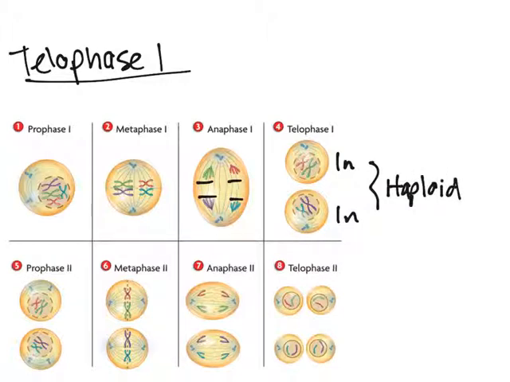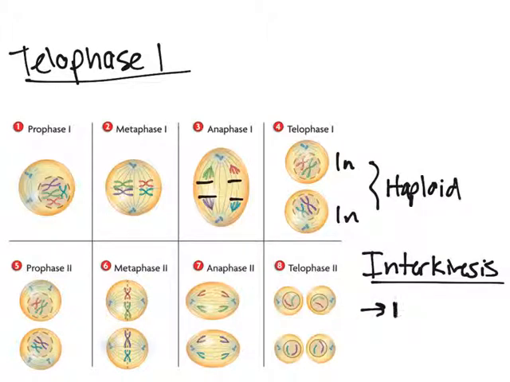And so after telophase, cytokinesis can occur, or it could go to interkinesis. And what that is essentially is similar to interphase. No DNA replication occurs. And so that's pretty important.